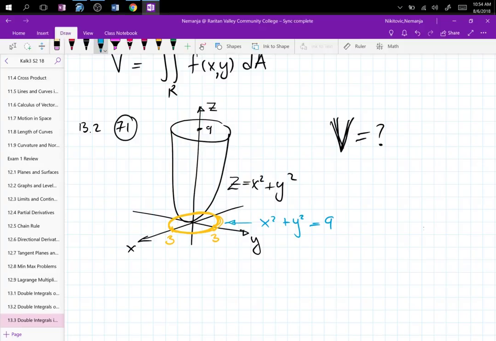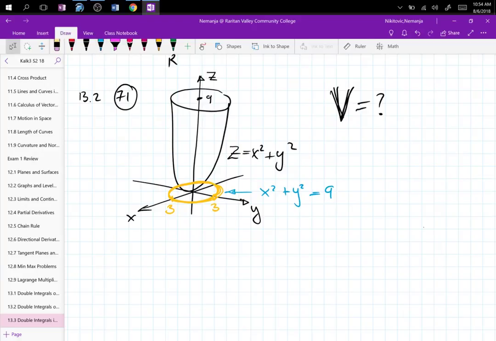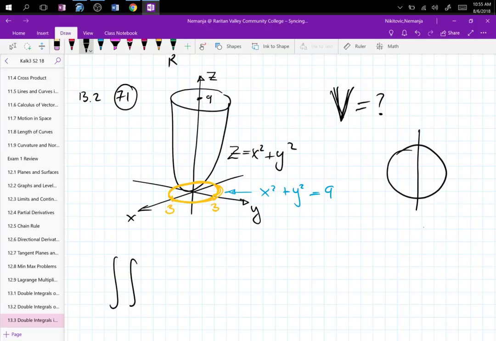So when you look at this, we are supposed to set up, and we're going to use the general region because it's not a rectangle, it's a circle. I always draw the domain on the side so I can better understand and see the region over which I'm integrating, because this is where my limits are.